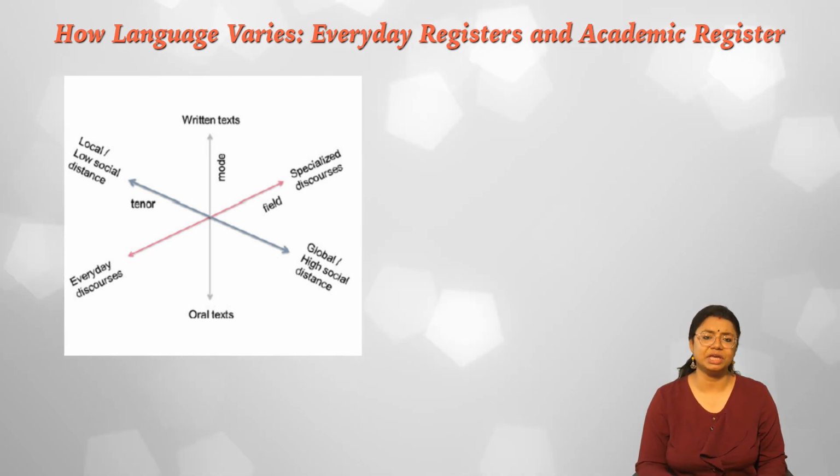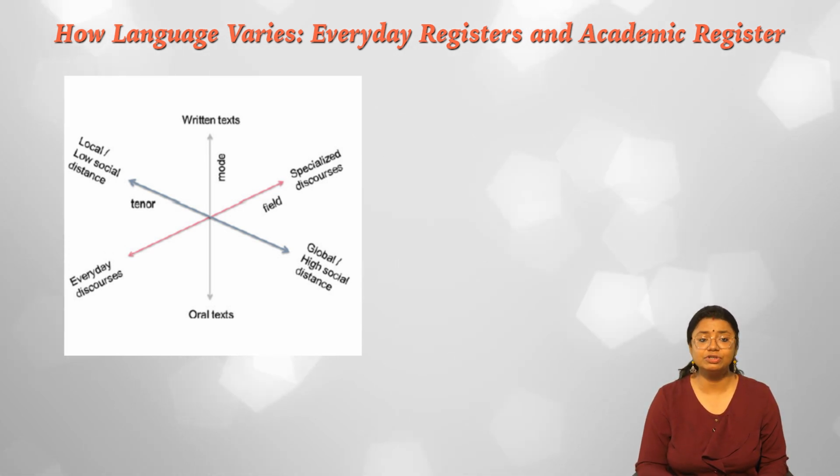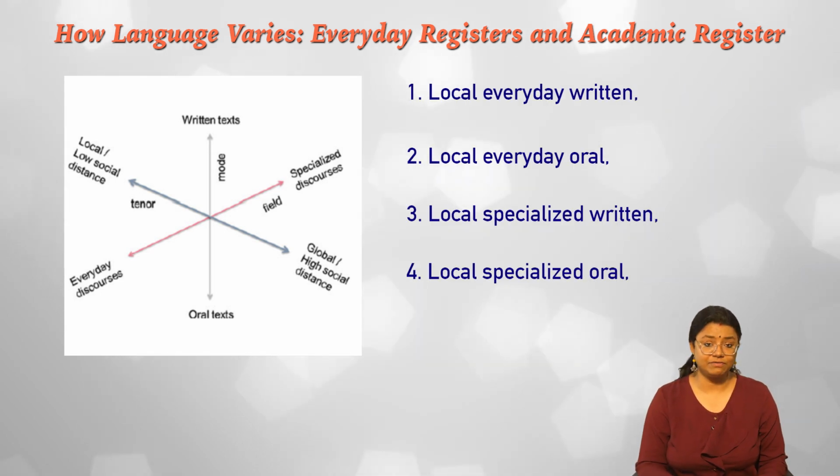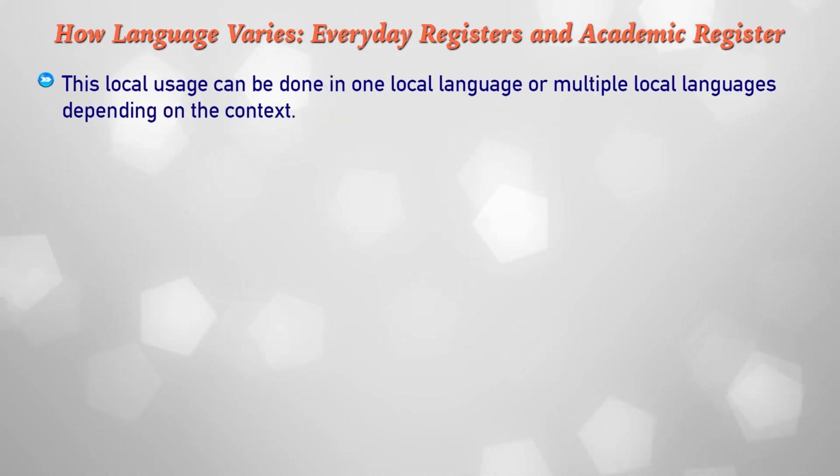The first 4 domains include language variations that reflect local usage, and they can vary in the following ways: local everyday written, local everyday oral, local specialized written, local specialized oral. This local use can be done in one local language or multiple local languages depending on the context.